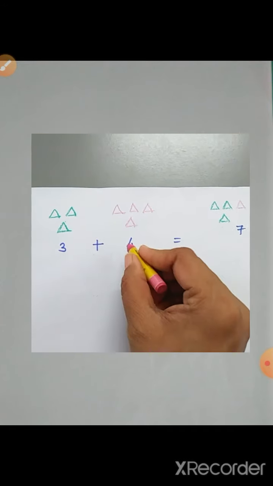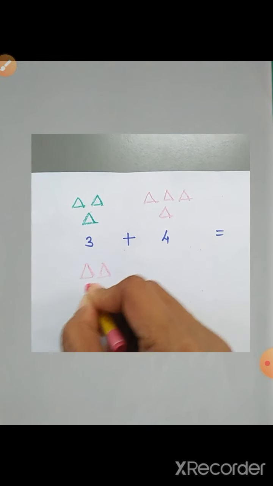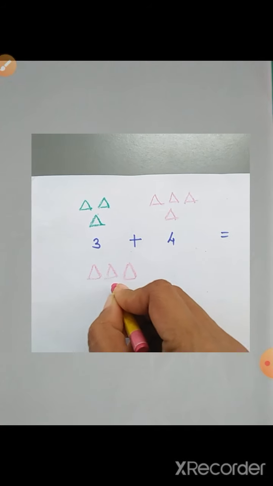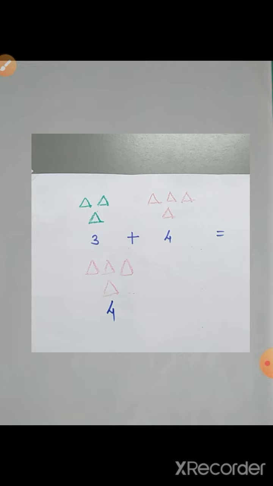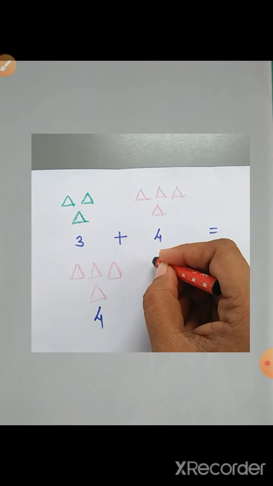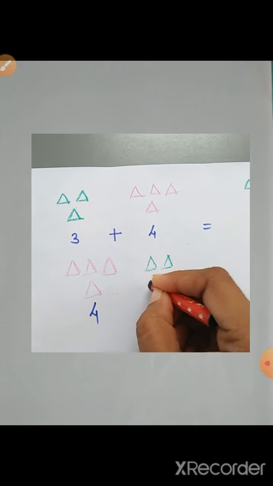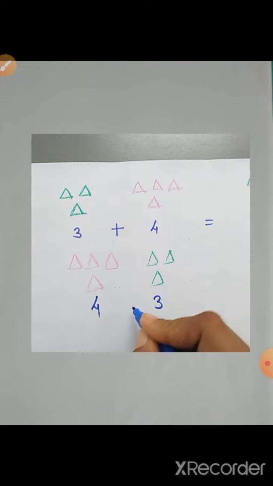Yes, we should draw 4 pink triangles first. So you can also draw with me. Draw 4 pink triangles. For this, let me write down 4 here. And then how many triangles should I draw, children? Yes, 3 green triangles. So for this, I am writing 3 here.